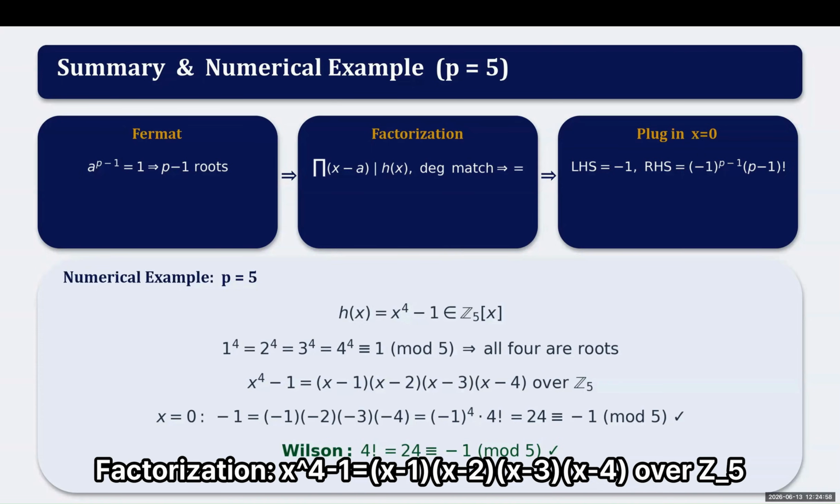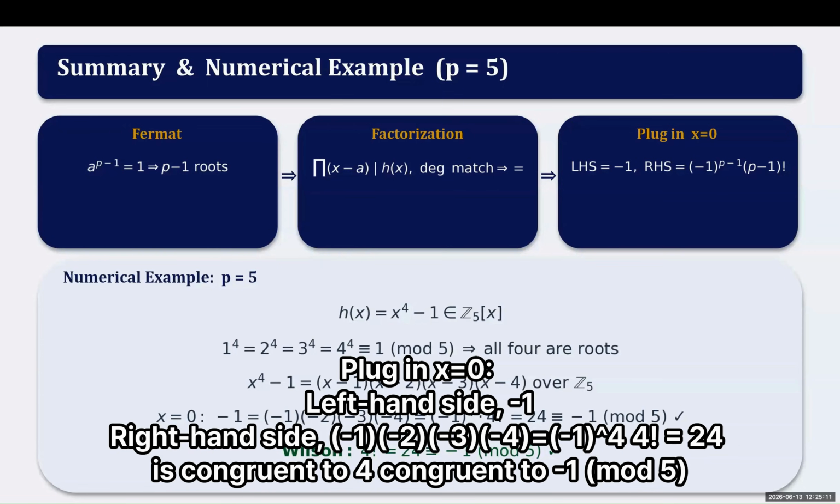Factorization, x to the 4th minus 1 is equal to (x minus 1)(x minus 2)(x minus 3)(x minus 4) over G sub 5. Plug in x is equal to 0. Left-hand side, negative 1. Right-hand side, minus 1 times minus 2 times minus 3 times minus 4, which is equal to (negative 1) to the 4 times 4 factorial, which is equal to 24, which is congruent to 4, which is congruent to negative 1 mod 5.